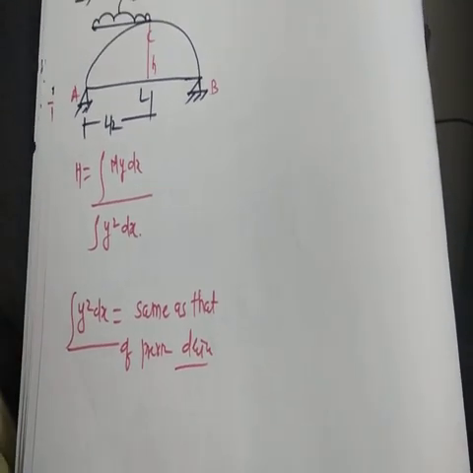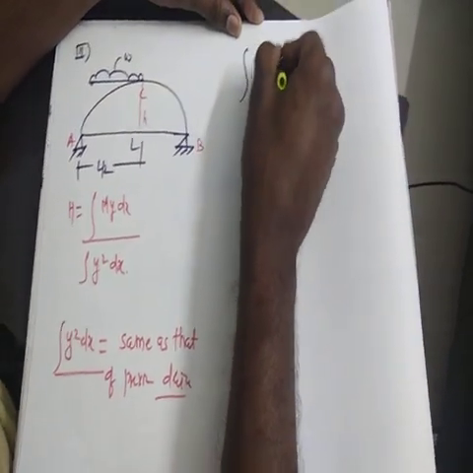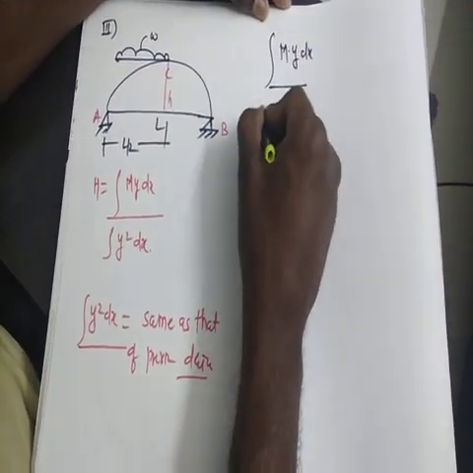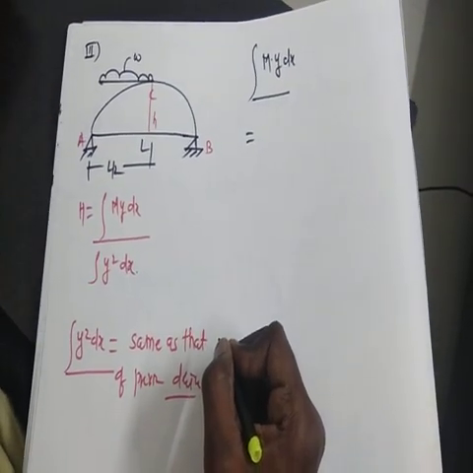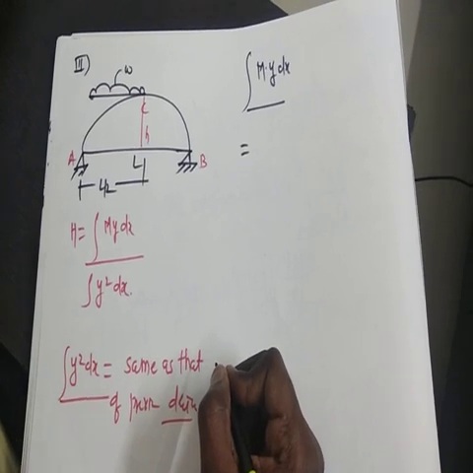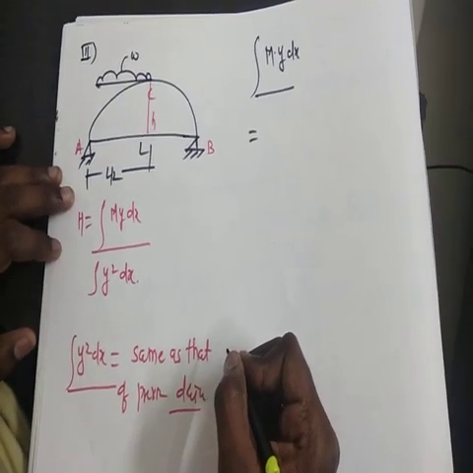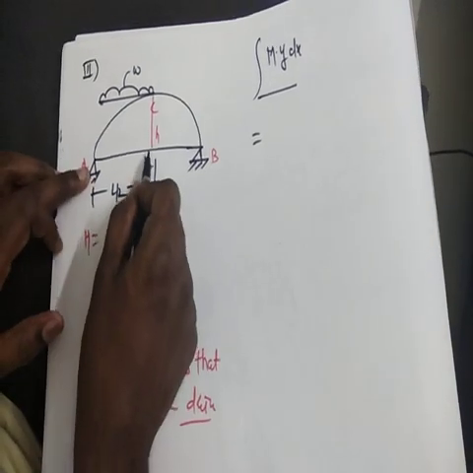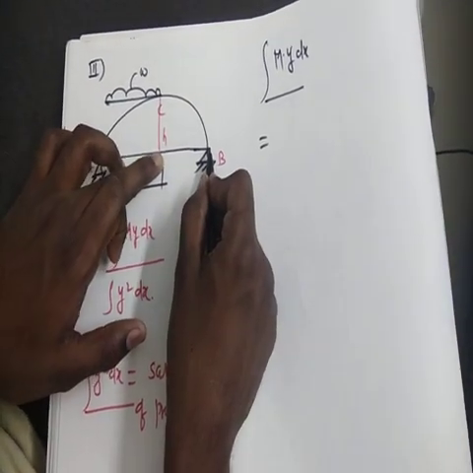Now what will change? The first part, that is integration m y dx, will change. How will it change? If you see the loading, it is not a symmetrical one. We have UDL on the AC portion, and for the BC portion no load is acting.